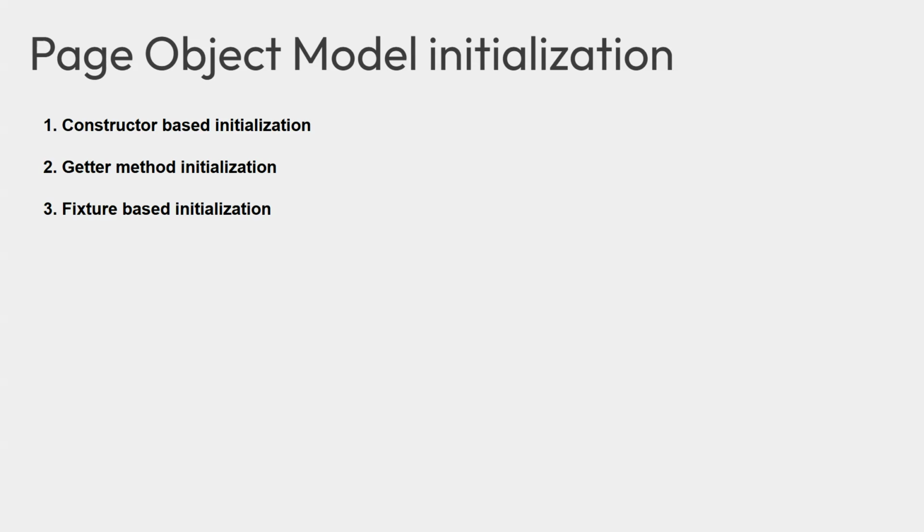But when we are separating these two out, when should Playwright initialize these objects? There are many ways to do it. It could be constructor based, getter method based, or even you can create fixtures. And it is not limited to the three that I've mentioned. There are n number of other options, but we will be discussing these three options which are widely used.